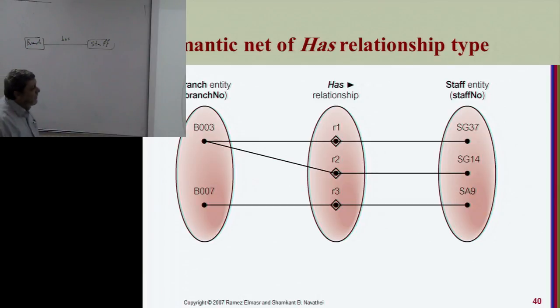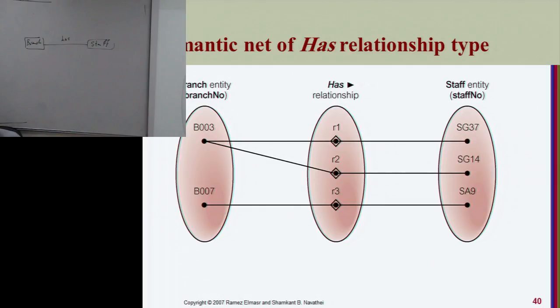Now we are talking about specific persons, specific occurrences in this occurrence diagram. So let me point using the mouse. We have two branches, B03 and B07. Assume that this is the pool in our database. This is the pool of branches, right? Yes, these are the occurrences of the branch.